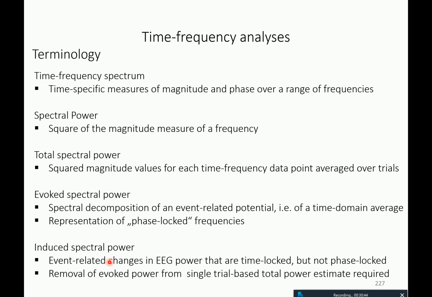So the main differences here are between total spectral power, evoked spectral power, and induced spectral power. And to understand what these total, evoked, and induced mean, you just need to understand the data analysis that lies behind them. And that's what is shown here.